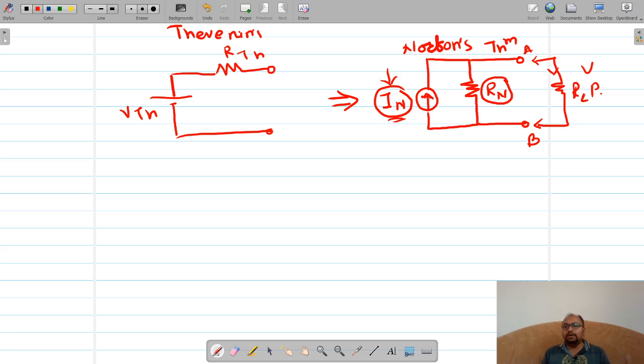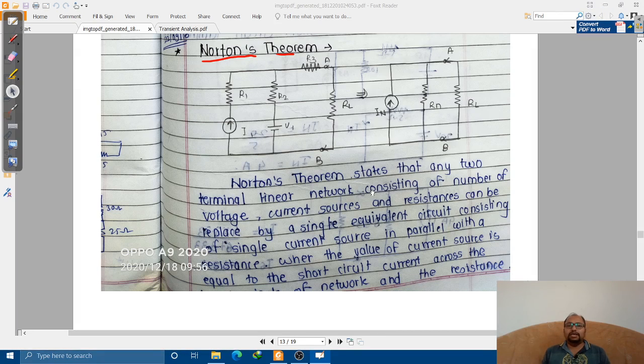So let us understand the statement of Norton's theorem. Norton's theorem states that any two terminal linear network consisting of a number of voltage sources, current sources and resistances can be replaced by a single equivalent circuit consisting of a single current source. Suppose this is your circuit diagram, with one current source and one voltage source.